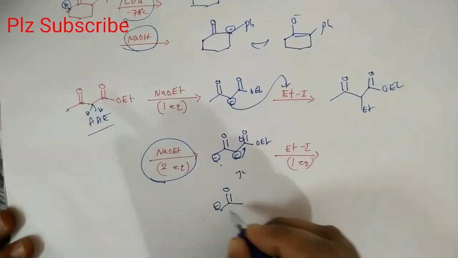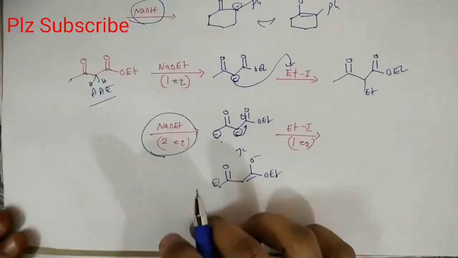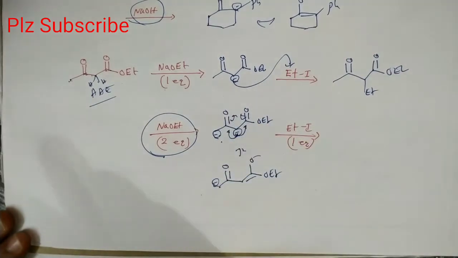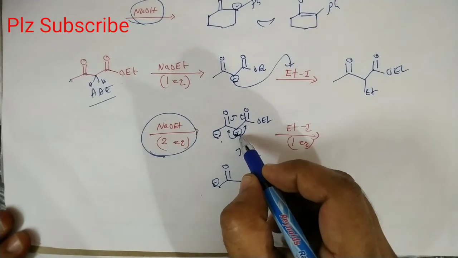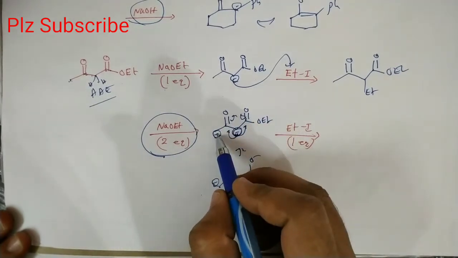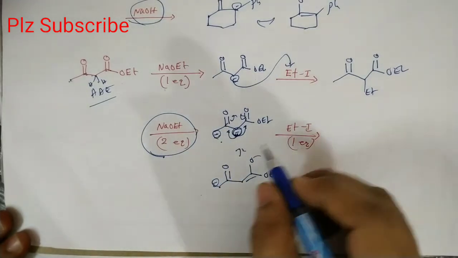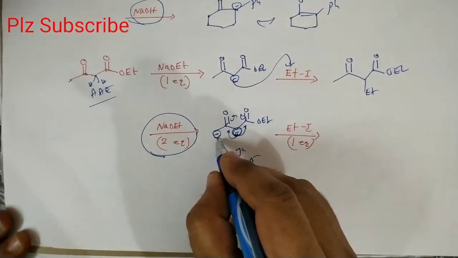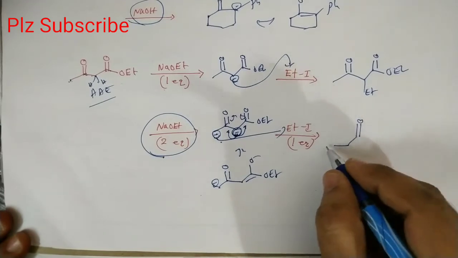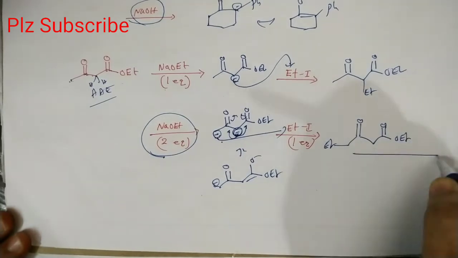That means double bond O here, in this case minus, double bond O here Et. Or this carbanion is involved in conjugation with this keto group. So this negative charge is dispersed by the two electron withdrawing groups, but this negative charge is dispersed by only one withdrawing group. So this is the more nucleophilic, so it attacks here. So double bond O here, this is the ethyl, so double bond O here Et.